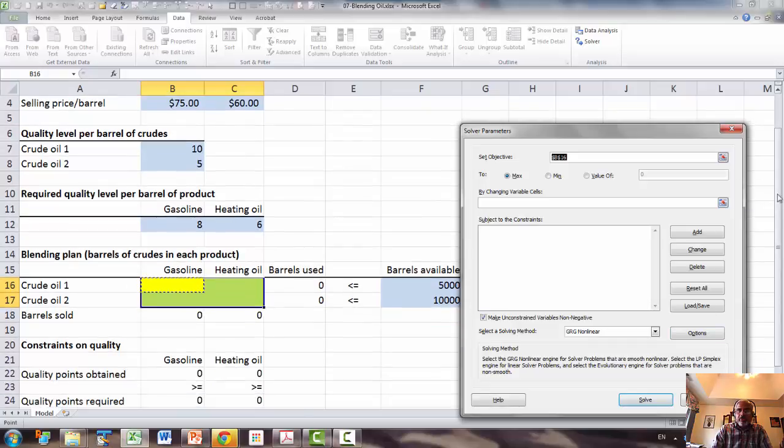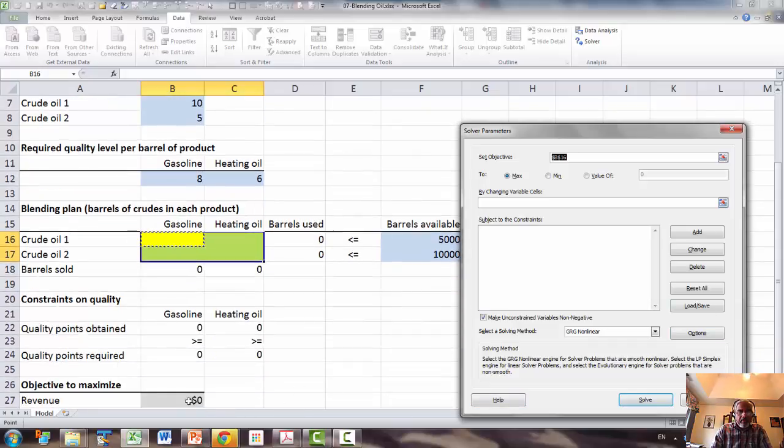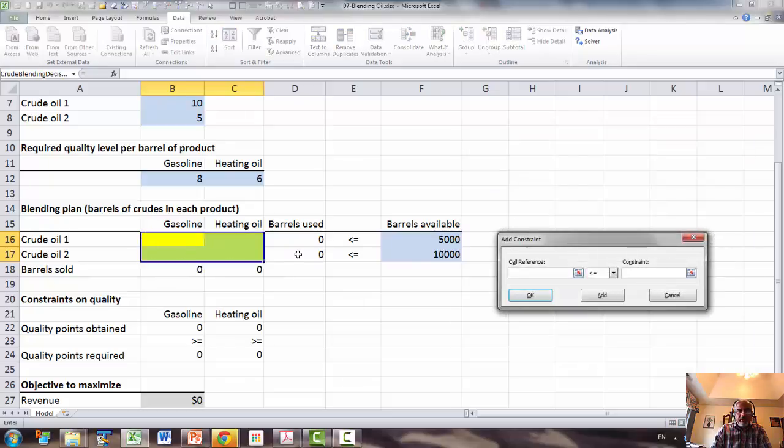We will need to maximize the revenue. Changing cells is that, and constraints are barrels used less than or equal to barrels available. That's one set of constraints.